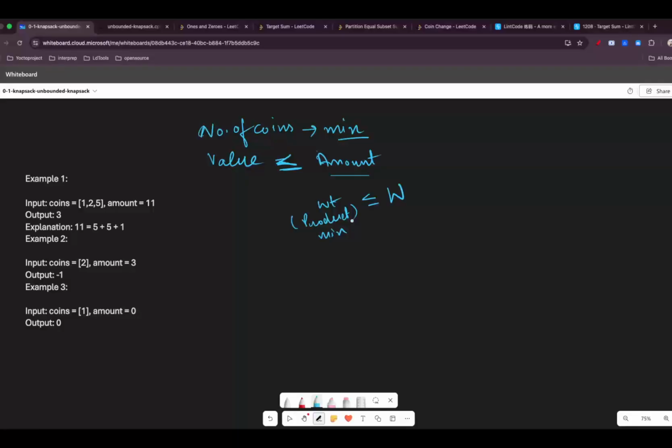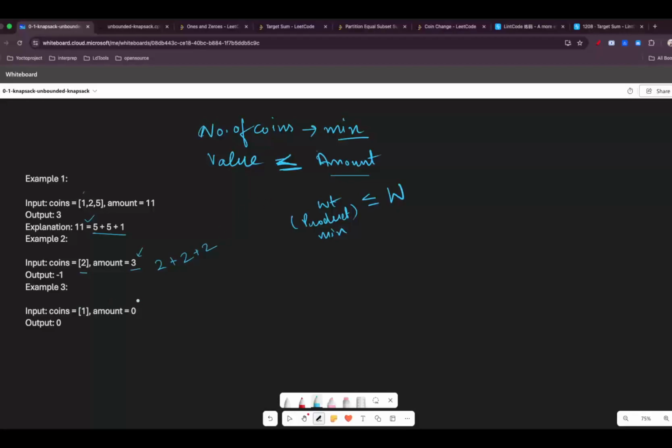So in the first example, we are taking the biggest values and then this one added up, so it became 11. Fine. Then in the next, only 2 is given, and even if we try, it's not possible to achieve this.